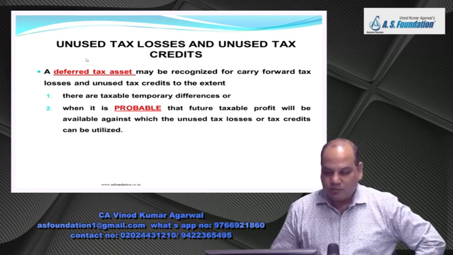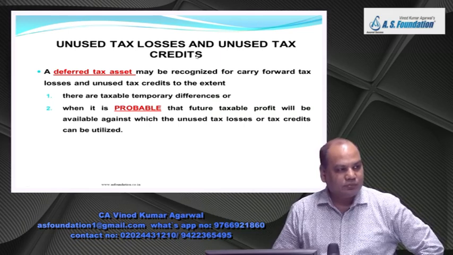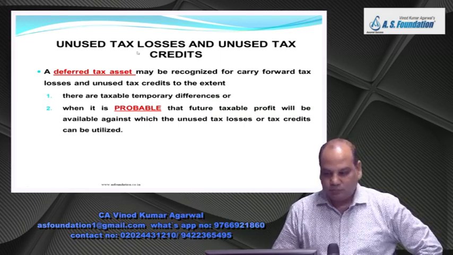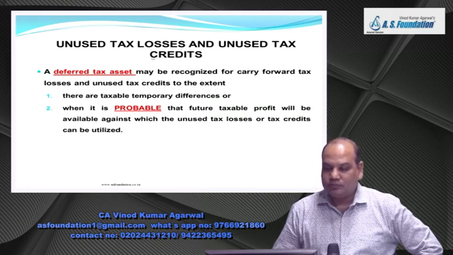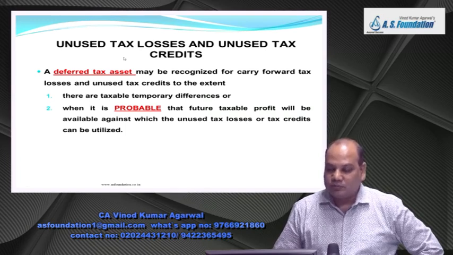Now next is unused tax losses and unused tax credit. That means you have carry forward of loss. This loss can be set off against future income. Since the loss can be set off against future income, there will be future tax saving.